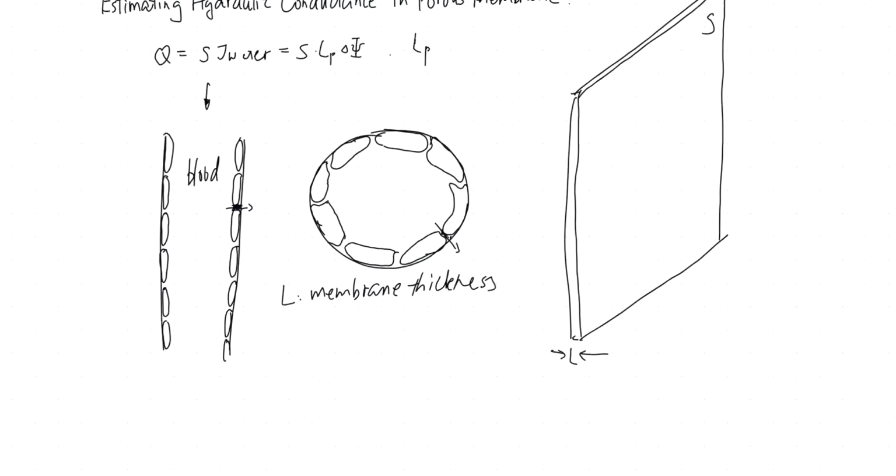The S is membrane surface area. And you have pores in it. So if you look from the side, you will see it looks like this. You have those types of pores. I'm just drawing three, and you know the idea. So you have multiple of these pores on the membrane.